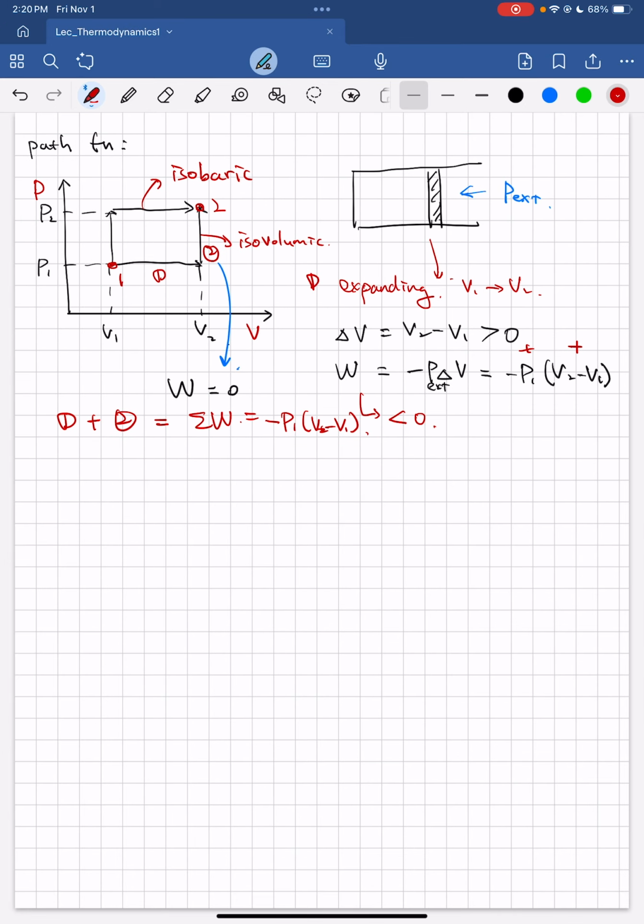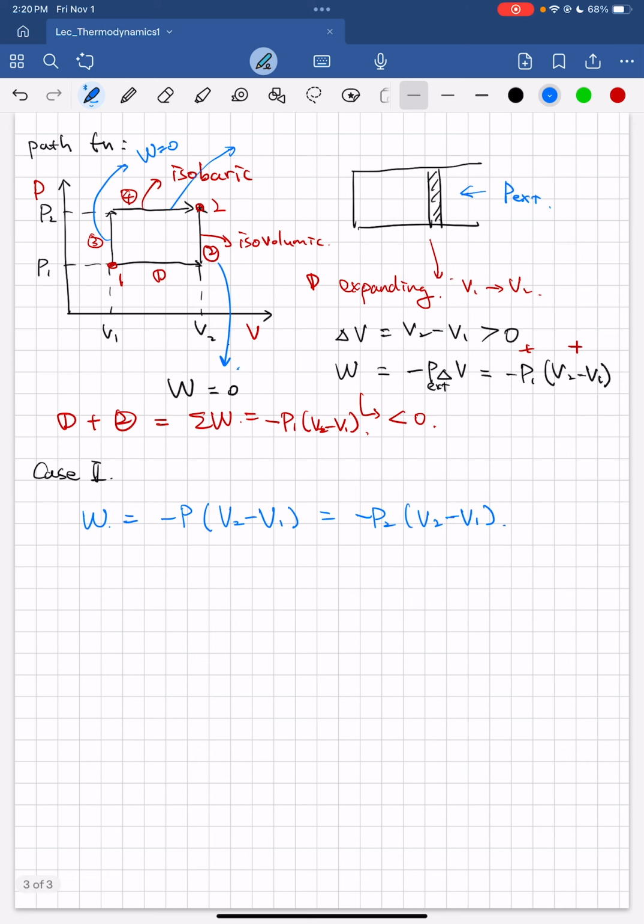Now let's look at case 2, through 3 and 4. Let's look at this route. As before, for this part work is going to be 0. This part we have to calculate. So work equals minus P times V2 minus V1, where we use this pressure, right? So minus P2 times V2 minus V1.